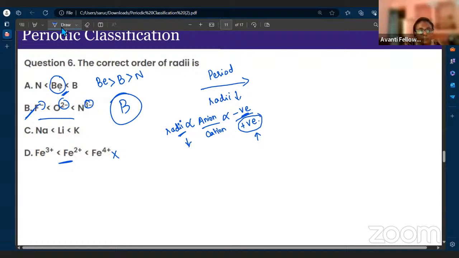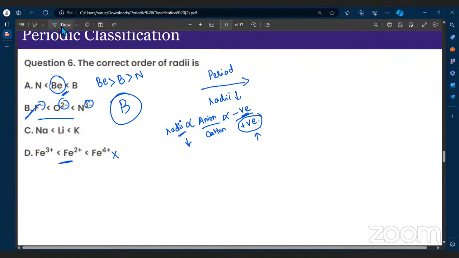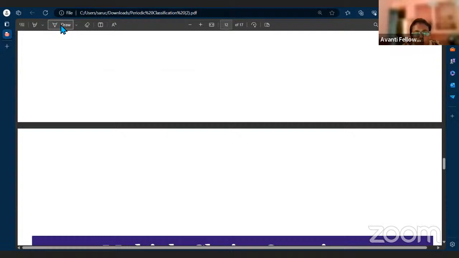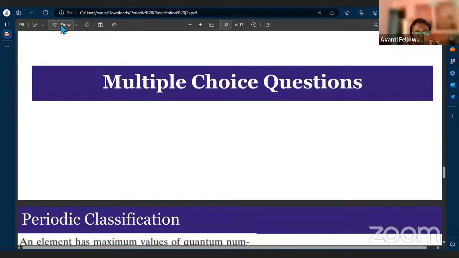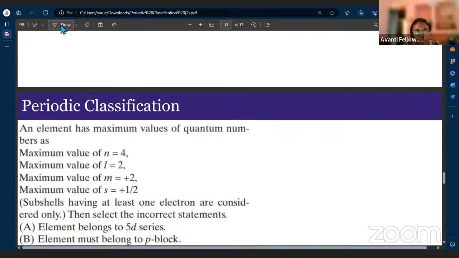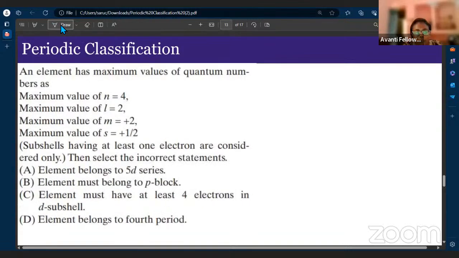Clear, everyone? Yes. So next comes the multiple choice question. An element has the maximum value of quantum numbers: maximum value of n equal to 4, maximum value of l equal to 2, maximum value of m equal to plus 2, and maximum value of s equal to plus half. Then select the incorrect statement. You have to select the incorrect statement, not the correct one.